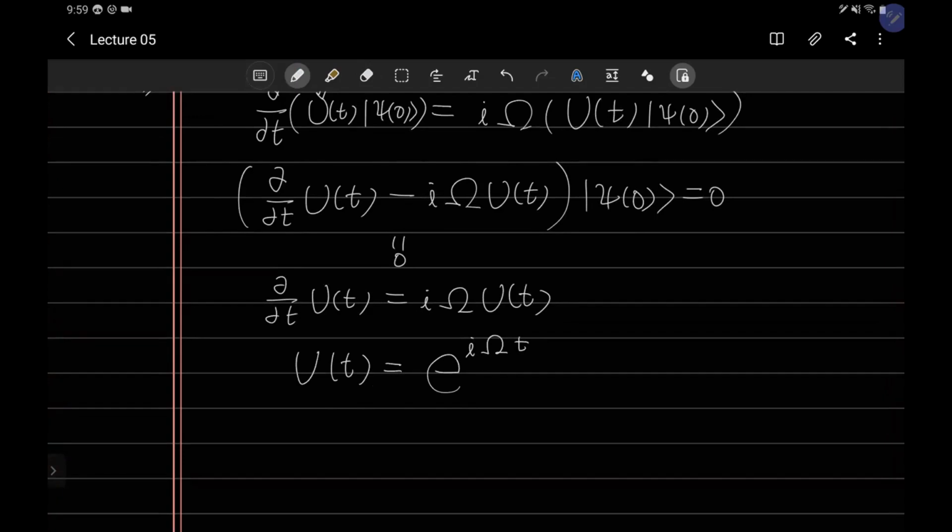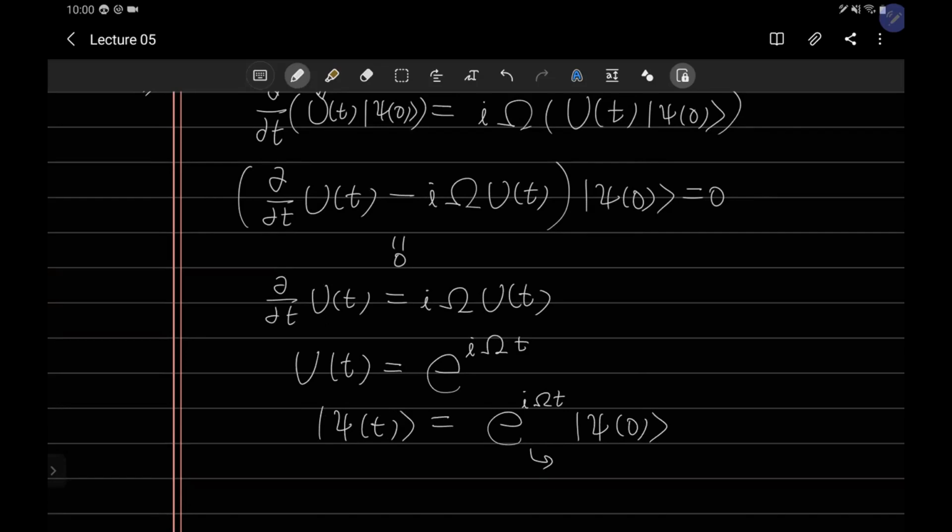And what this means is that the psi of t is connected to the initial condition at time t equals 0 through this kind of component. And in quantum mechanics, we call this one a propagator because it propagates in terms of time. It propagates from the initial condition at time t equals 0 to some time t.